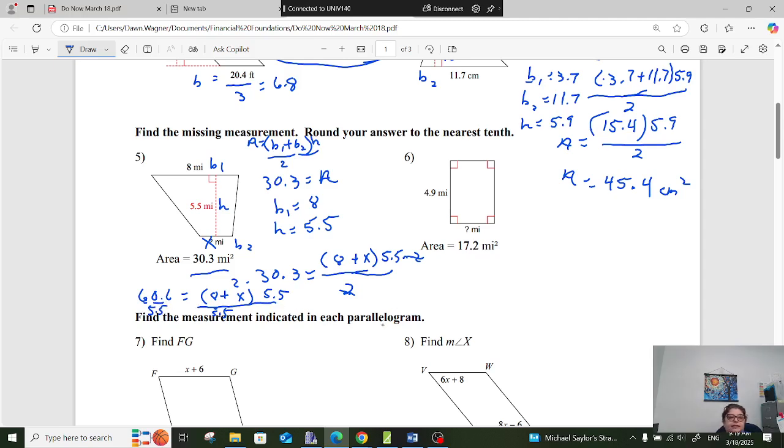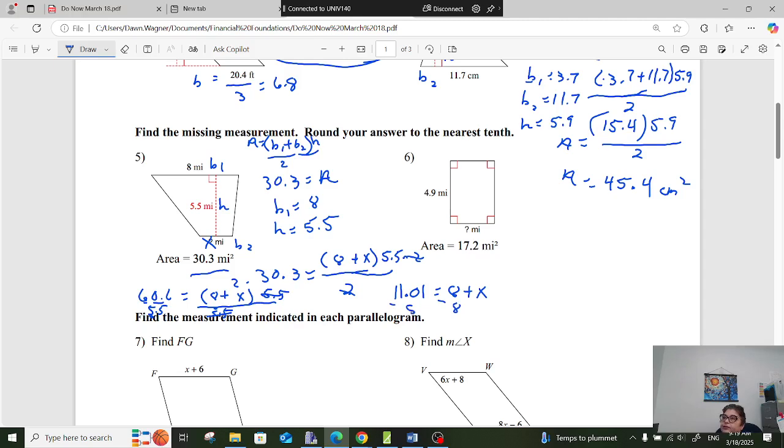What is 60.6 divided by 5.5? 11.01 is equal to 8 plus x. Because when I divide, that cancels here, right? And then what do I do to both sides to solve for x? I'm going to subtract 8.